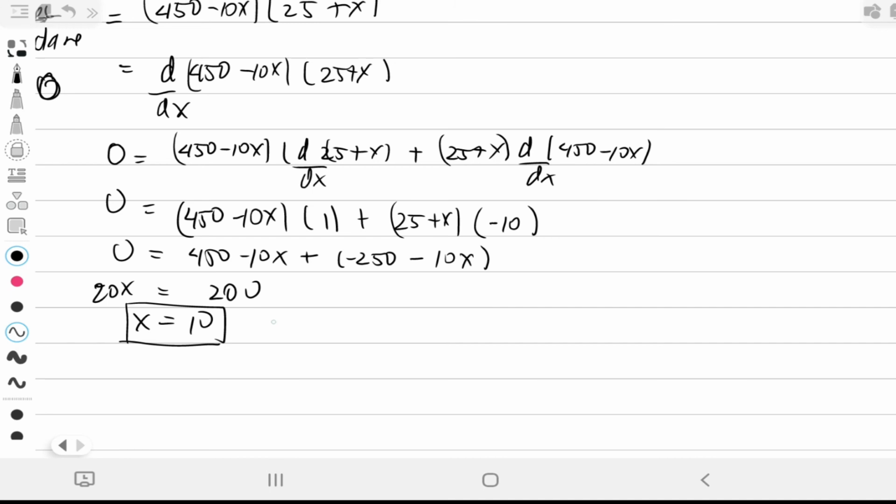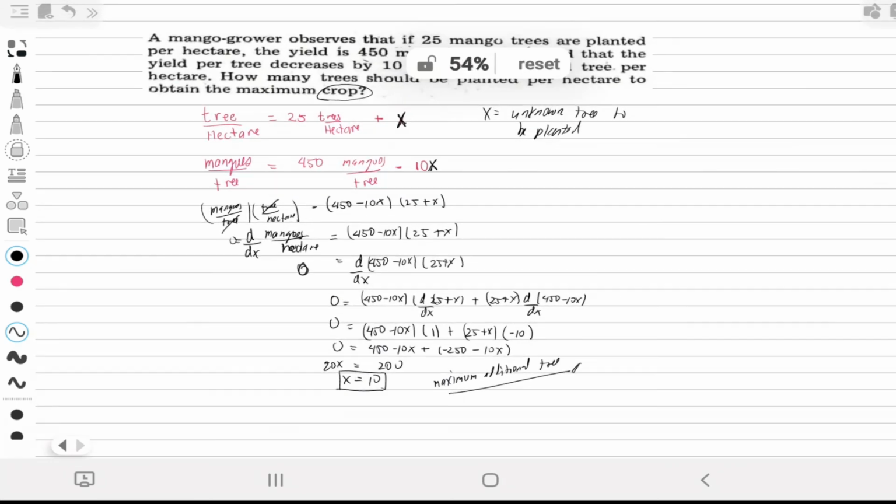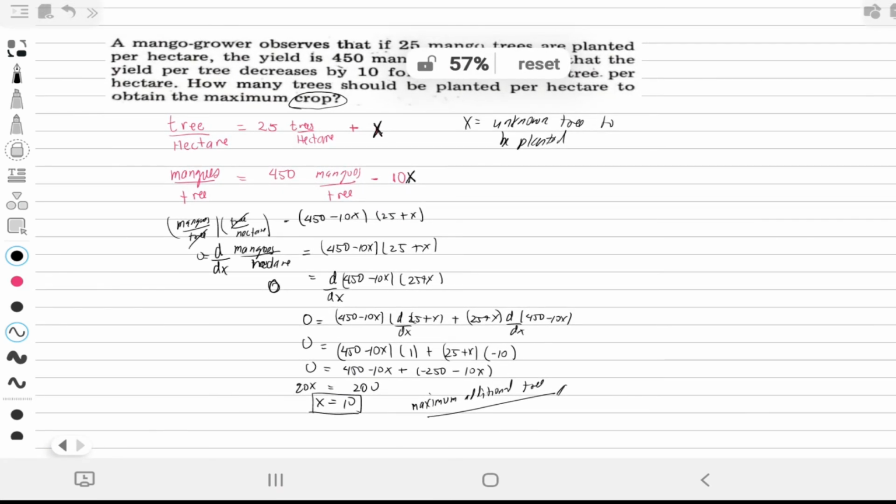So our x is the maximum additional trees that we can plant to obtain the maximum crop. But the question is how many trees. So therefore, we already have 25 trees, so the total is 25 plus 10, which is our x.